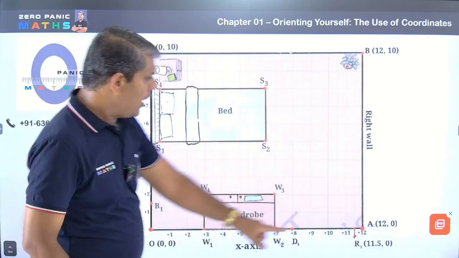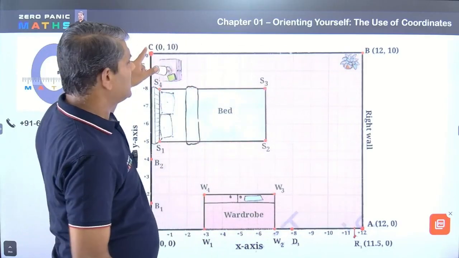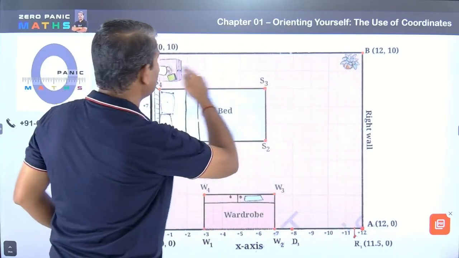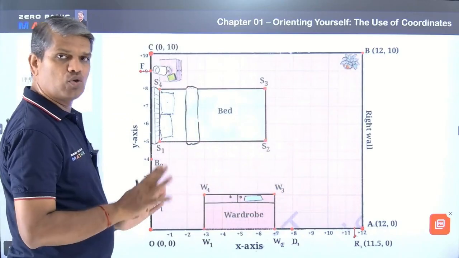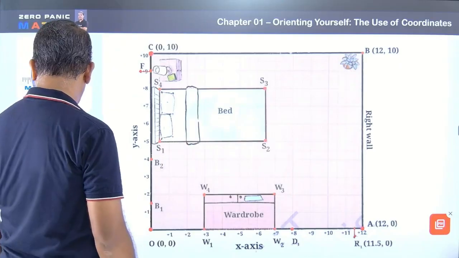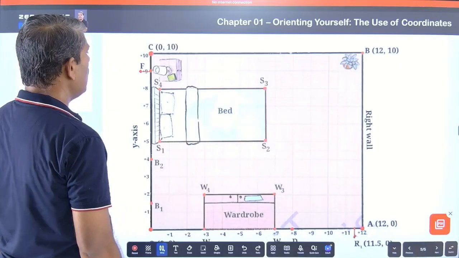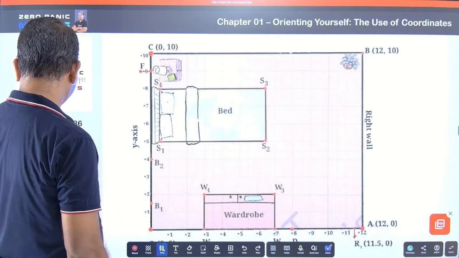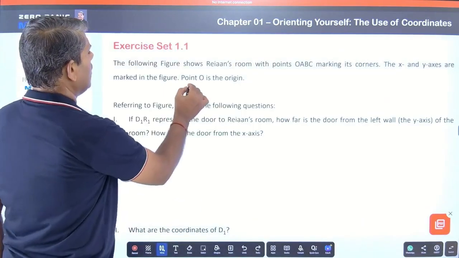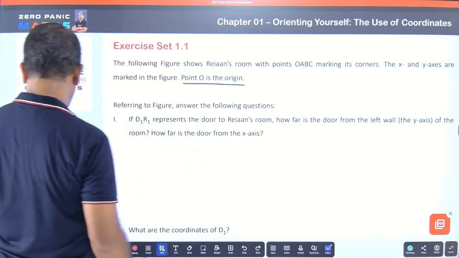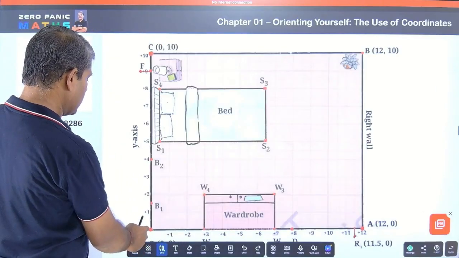O, A, B, C represent Rian's room. Point O is the origin. We know that this is point O and this is the origin.